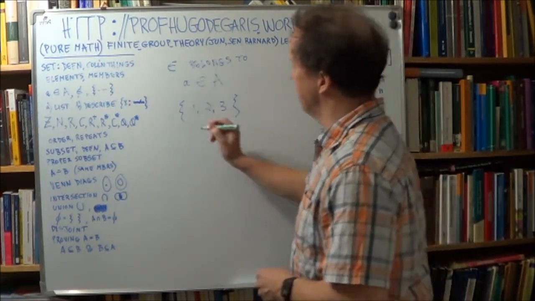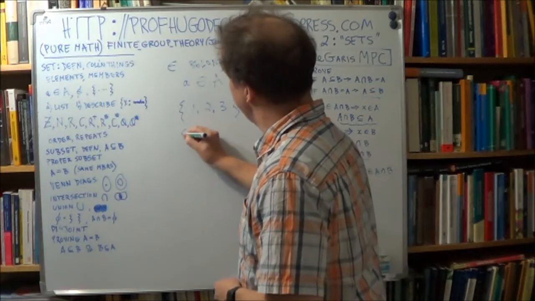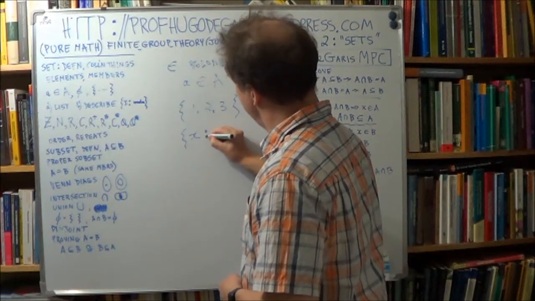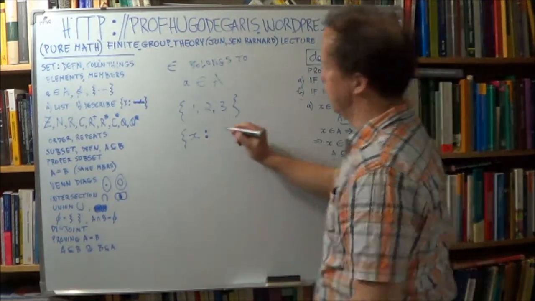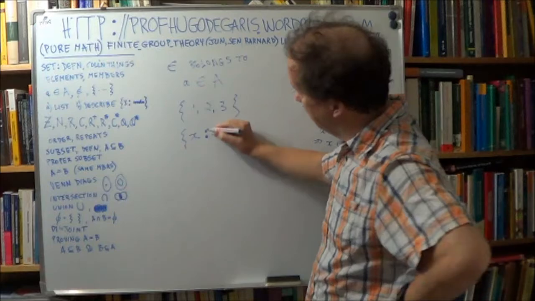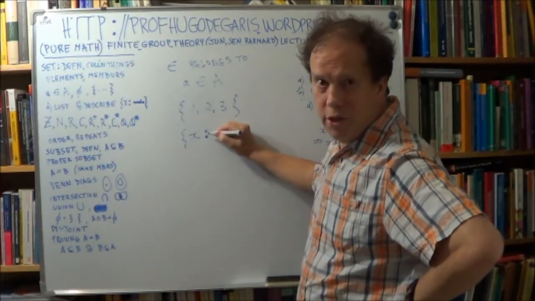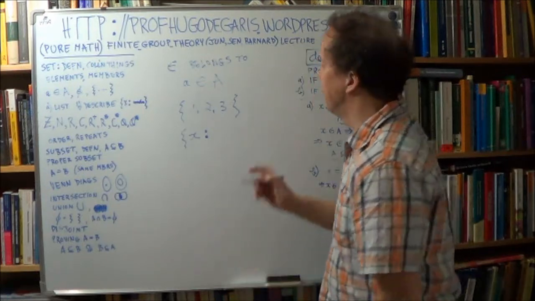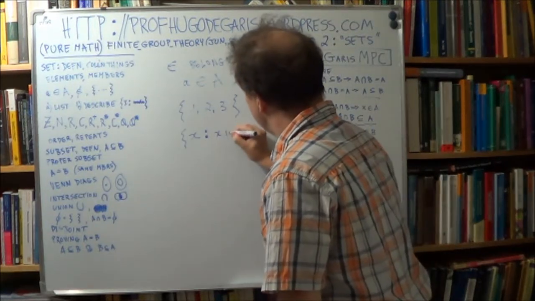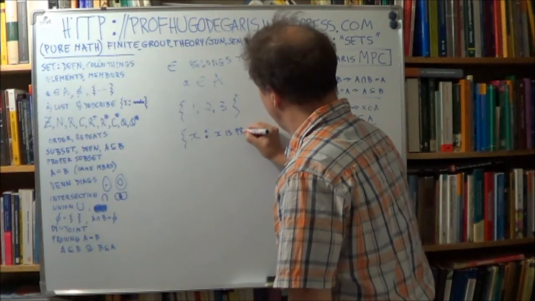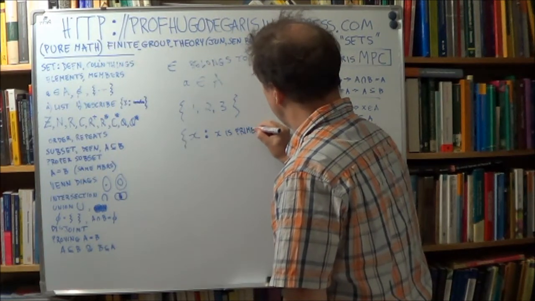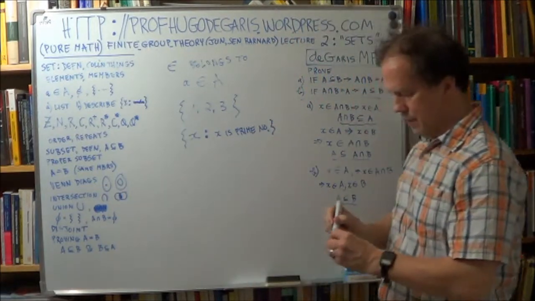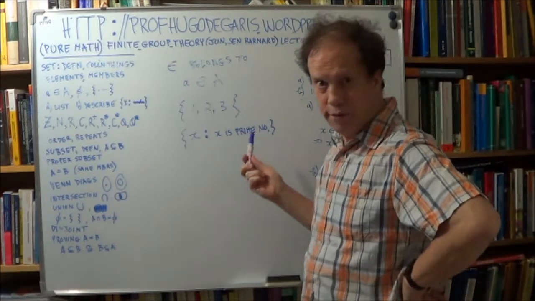Another way is to give a description. For example, the set of x's, and then a colon, and that colon you read as such that, or having the property that. So let's say x is a prime number. Okay? So this is the second way of specifying a set.